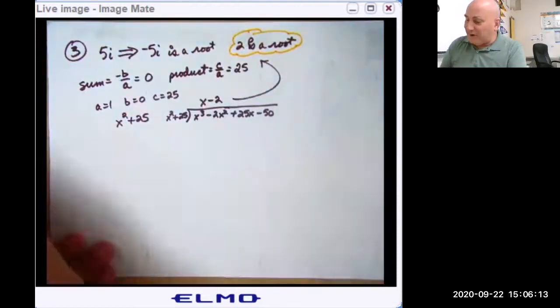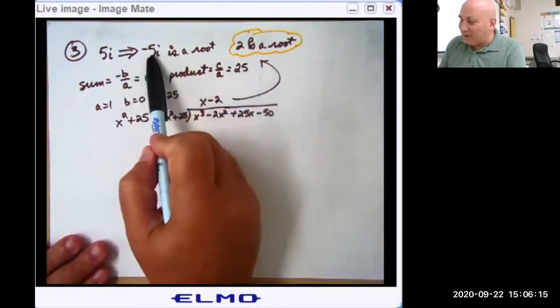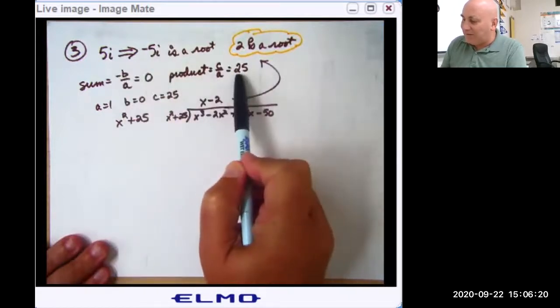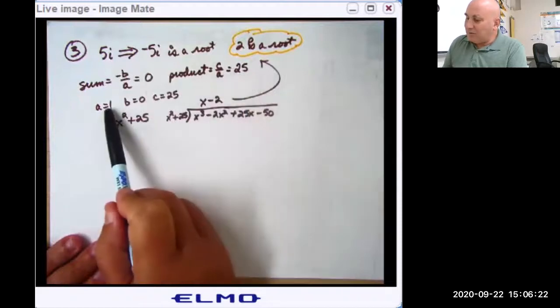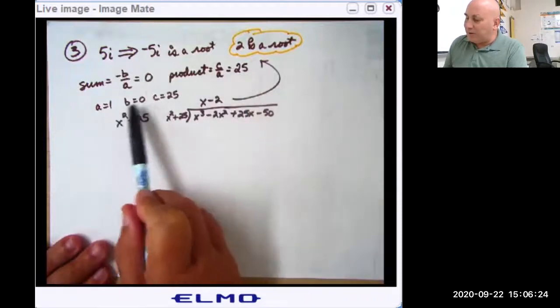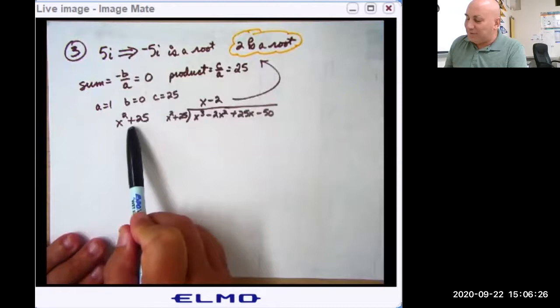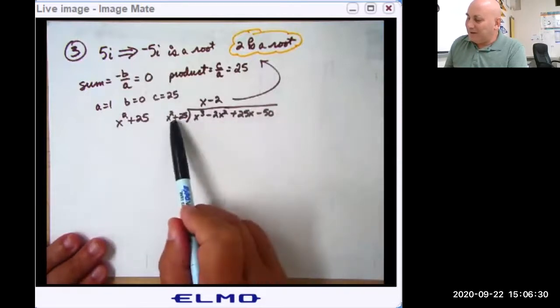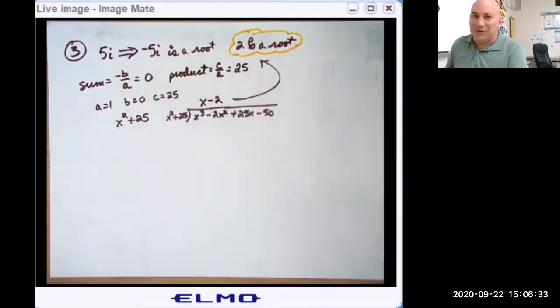I know that if 5i is a root, negative 5i is also a root. The sum of those is 0. The product is 25. So I know that x squared plus 0x plus 25 must be a factor of the whole polynomial. And that's where I get my x minus 2.